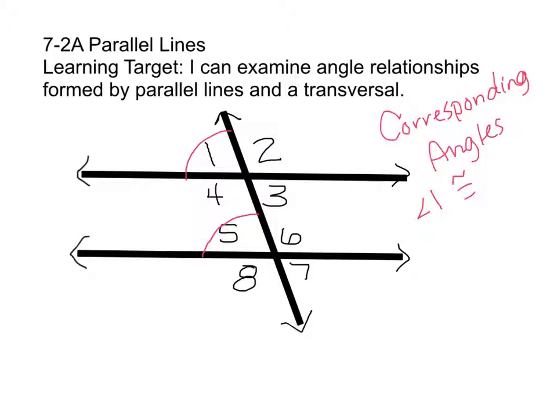And corresponding angles are congruent. So angle 1 is congruent to angle 5. Angle 4 is congruent to angle 8. Angle 2 is congruent to angle 6.